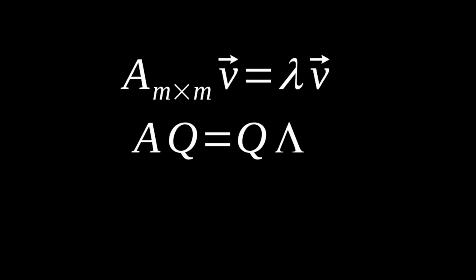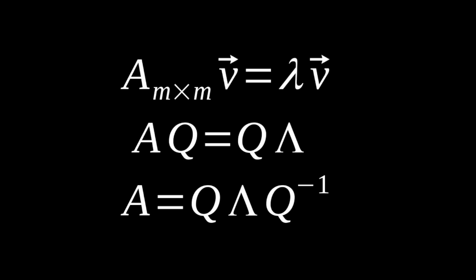For a square A matrix, we will have multiple eigenvalues and eigenvectors that we can group into matrices. So this lambda matrix right here on the far right is going to be a square diagonal matrix similar to our sigma matrix, except it contains our eigenvalues. Our eigenvectors are grouped to be the columns of our Q matrix in this case, so we're not really changing anything.